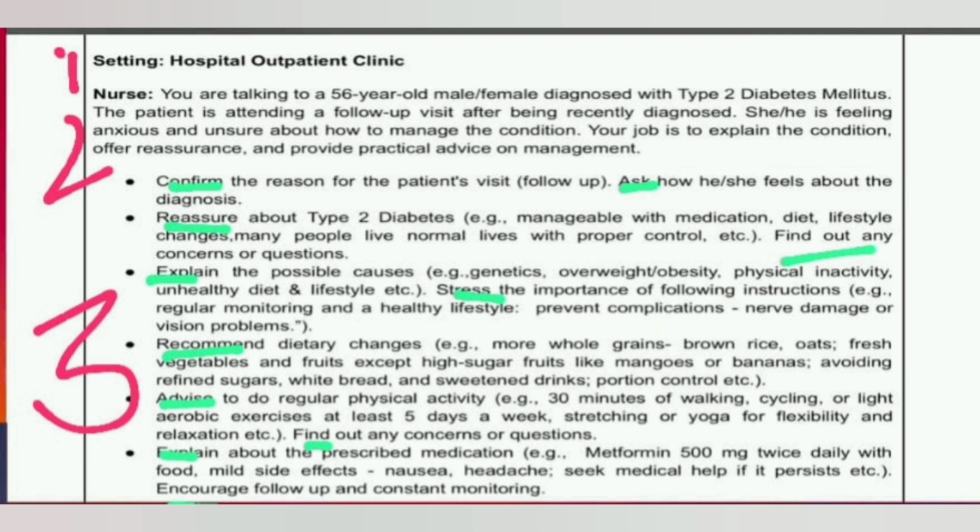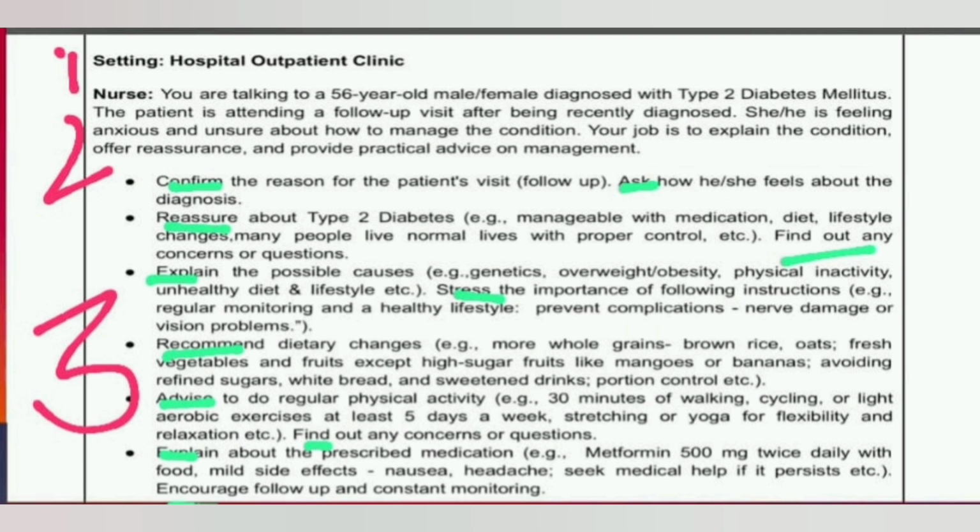So, as a nurse, we can construct this sentence as this: it is also advisable for you to do regular physical exercises, which include walking for at least 30 minutes, cycling, or light aerobic exercises for at least 5 days a week. Moreover, stretching or yoga for flexibility and relaxation is also very important. So, like this, we have to advise the patient.